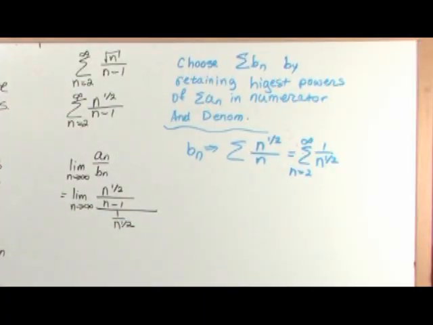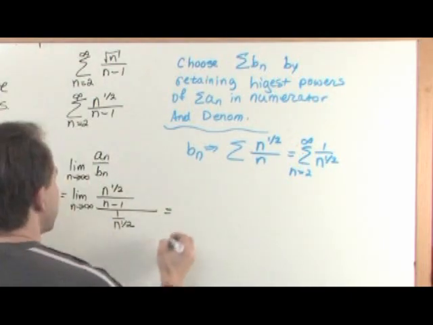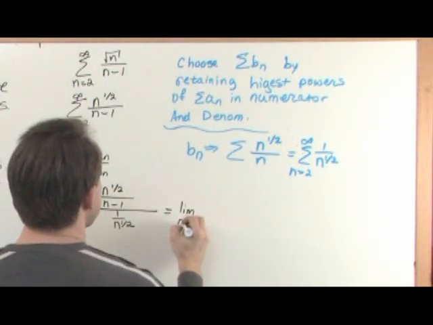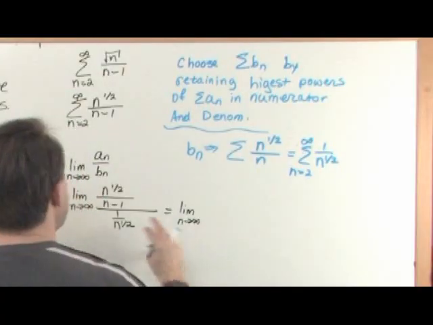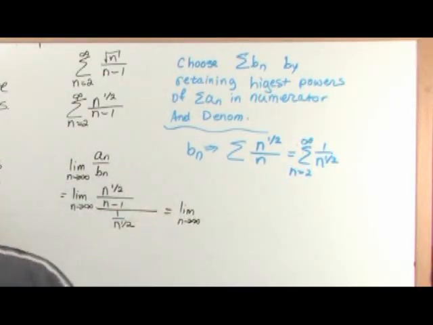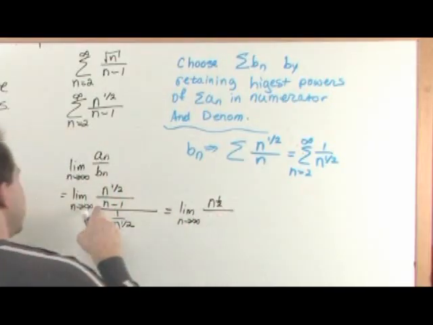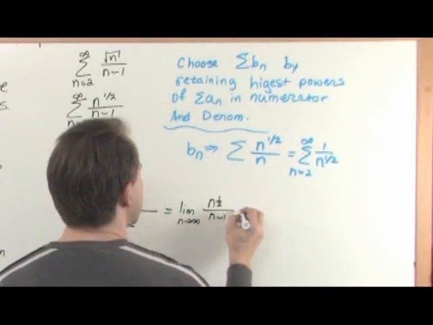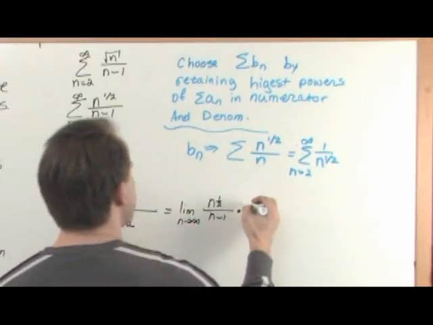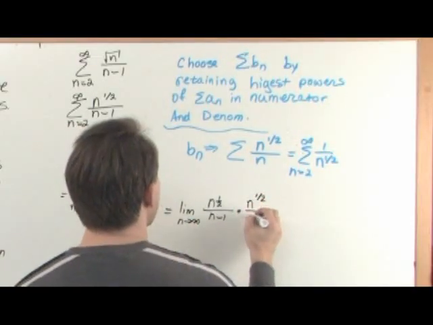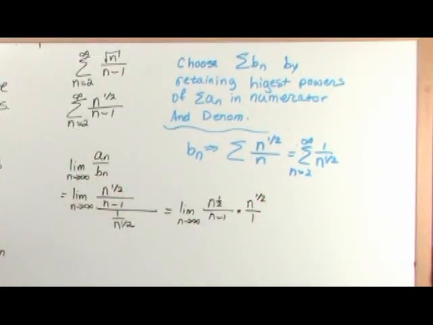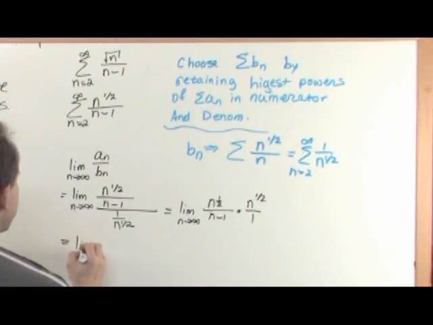Let me simplify this. I'm going to take this fraction, flip it over, and multiply it. So I'm going to have n to the 1/2 over n minus 1 times, flipping this fraction over, n to the 1/2 over 1. All I did was flip it over and multiply. I haven't even done the multiplication yet. Limit as n goes to infinity.